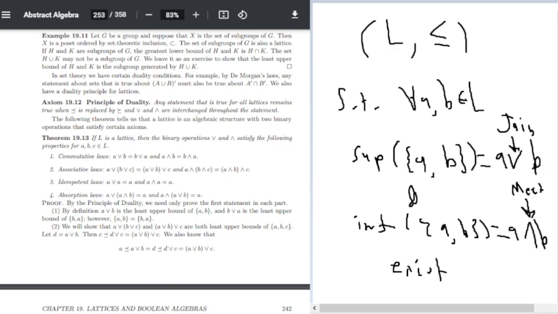So what this is basically saying is that, I understand why they do this. Basically, if you're working set theoretically, you are able to just replace the statements because of equivalent conditions. For now, it does have to just be taken as an axiom. The following theorem tells us that a lattice is an algebraic structure with two binary operations that satisfy certain axioms.